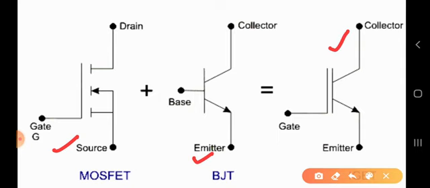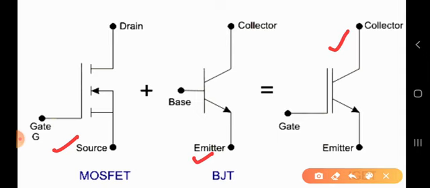IGBT stands for insulated gate bipolar transistor. The insulated gate bipolar transistor is the largest device in power electronics. The gate circuit of the MOSFET and the collector emitter circuits of the BJT are combined together to form a new device.